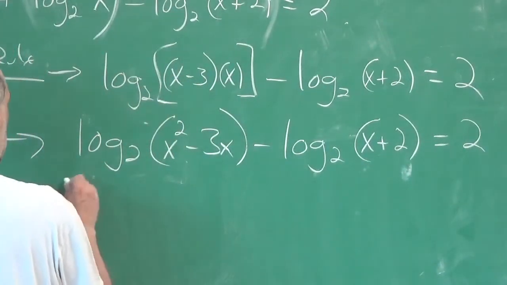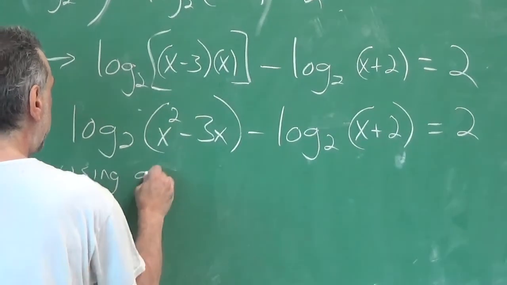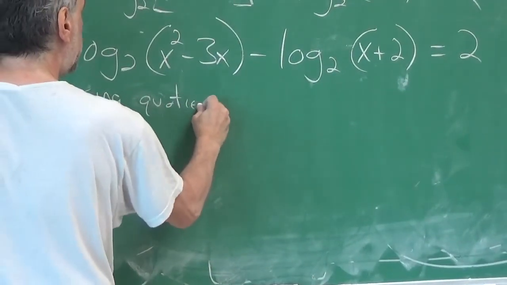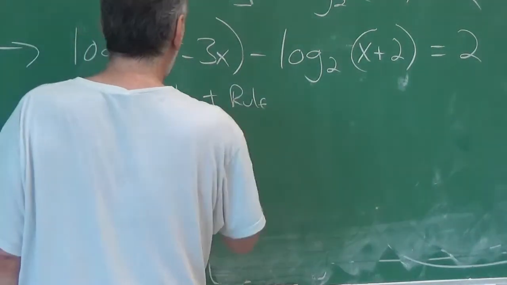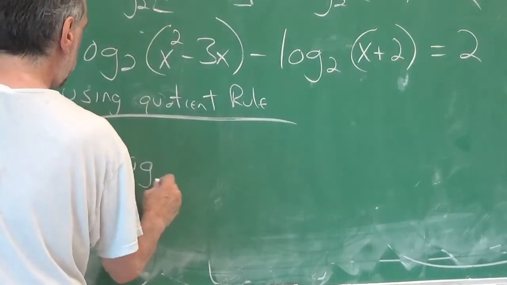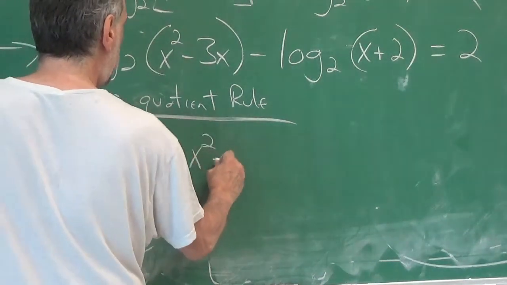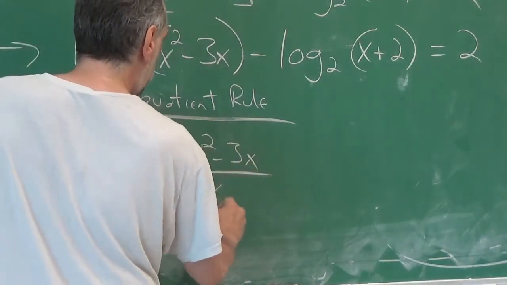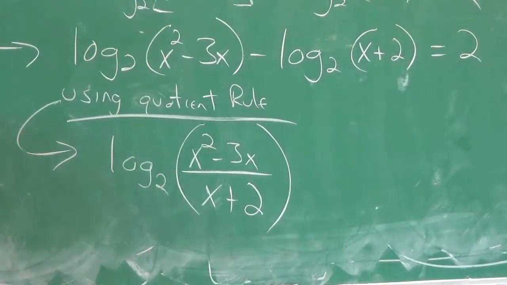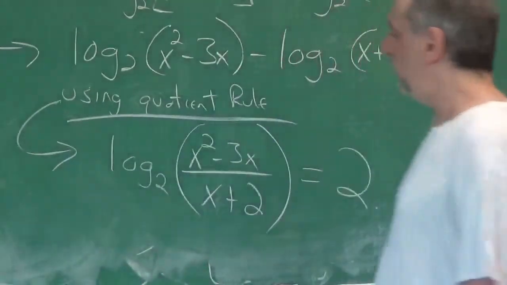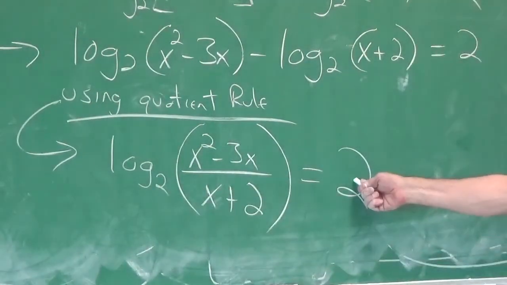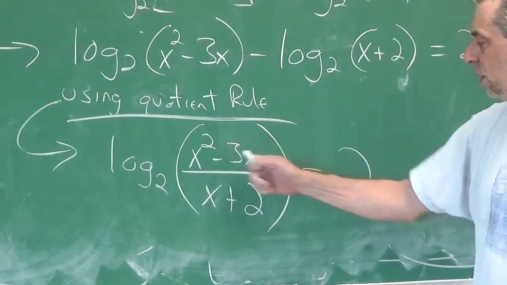I can now combine them into one logarithmic term, numerator over x plus 2, and that's going to equal 2. And now we're back to where we were: this base raised to this exponent gives this result.